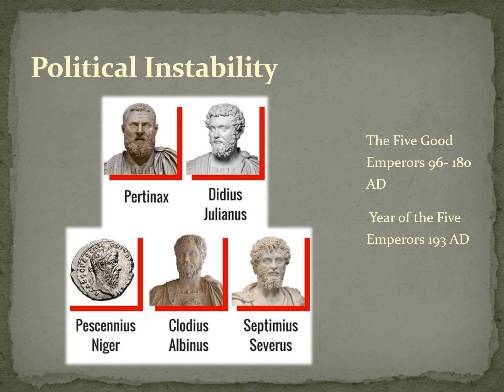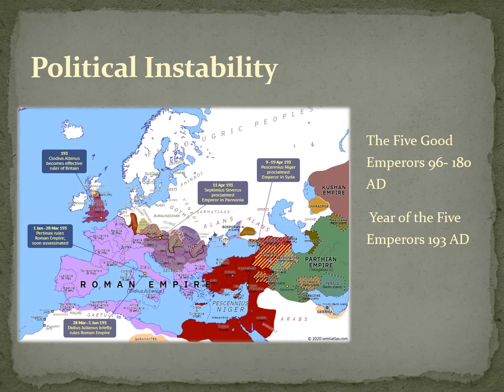And so at the same time, 3 governors, Pescennius Niger, Claudius Albinus, and Septimius Severus, all had their troops declare them emperor. All right? And so now you have 4 people all claiming to be emperor. It's a bad situation.